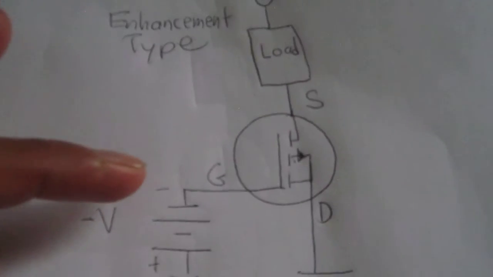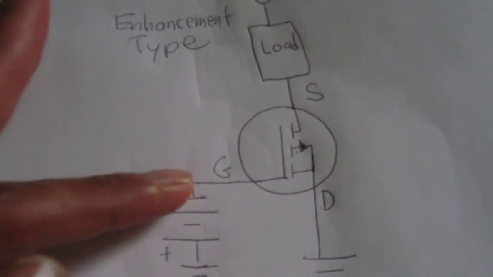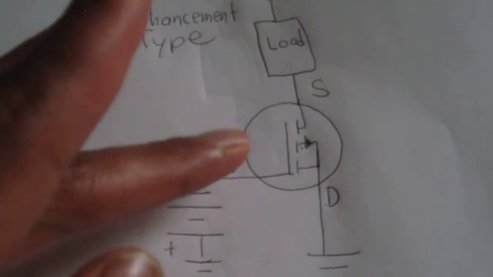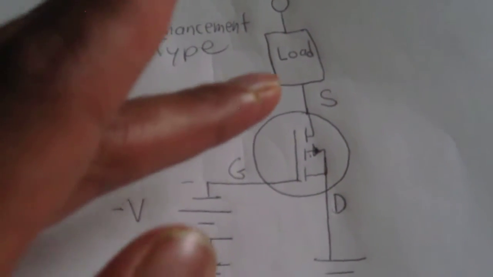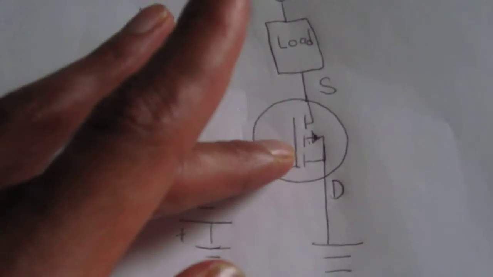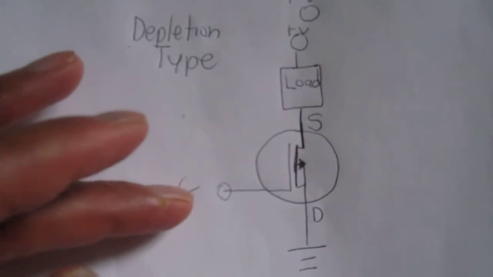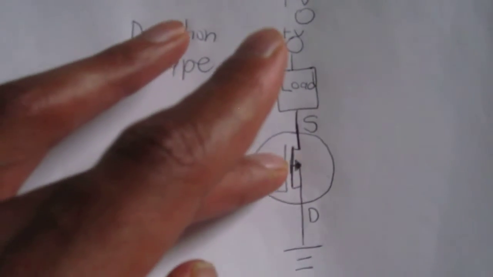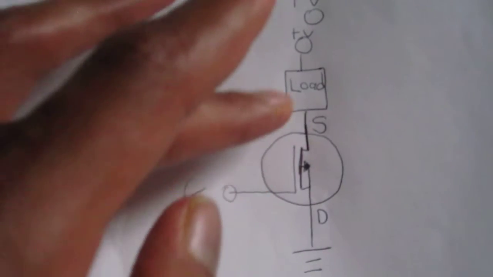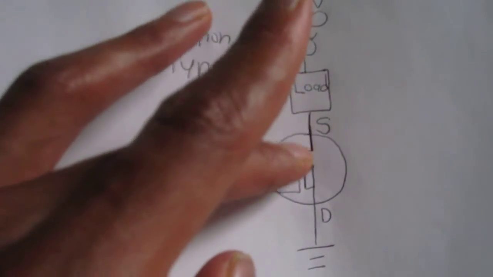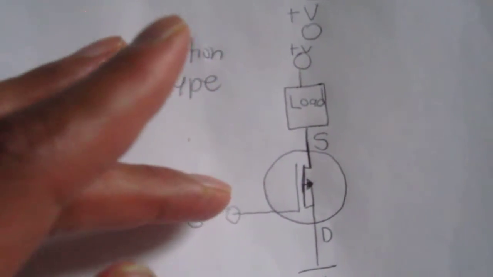So again, with an enhancement type transistor, voltage to the gate terminal turns the transistor on so that it can conduct across and power on the load. And with a depletion type transistor, voltage to the gate terminal will shut it off so that current doesn't flow across the load.